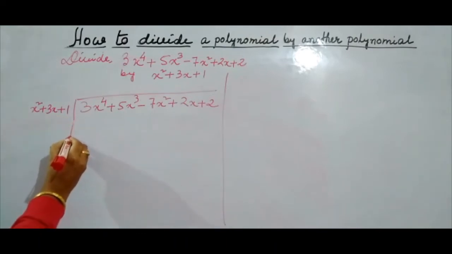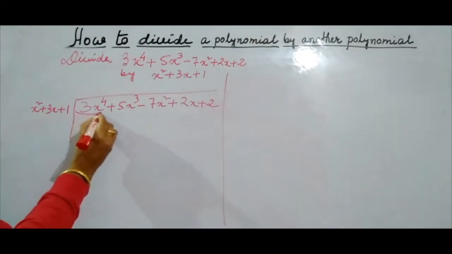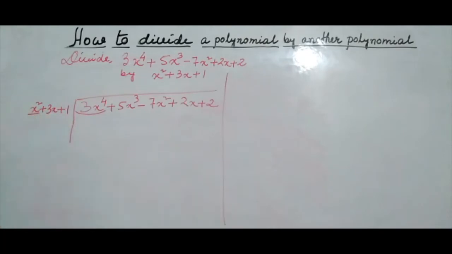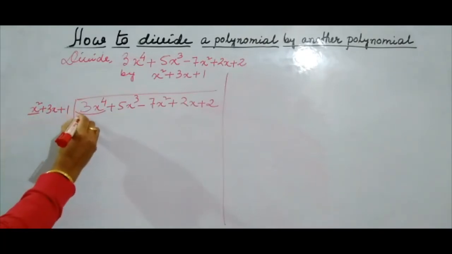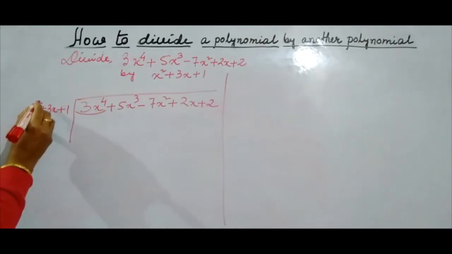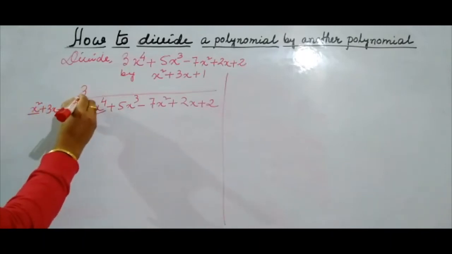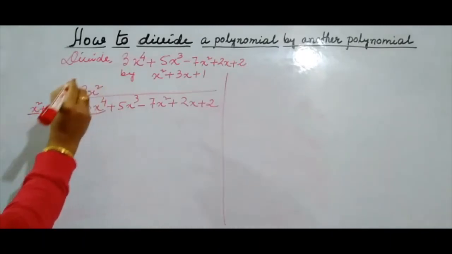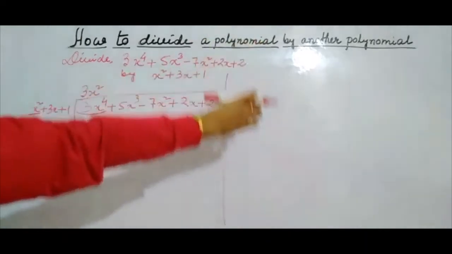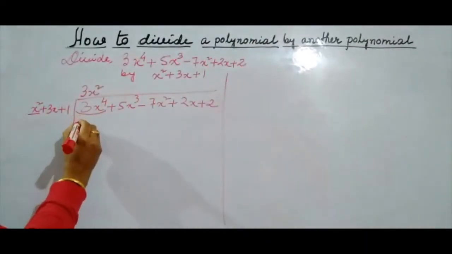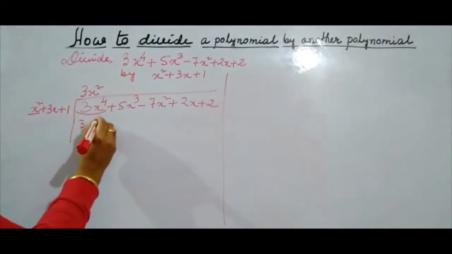Now the first term of the dividend is 3x power 4 and this is x square. To get 3x power 4, we have to multiply x square by 3x square. If you are facing difficulty, you can do it by dividing. So it will be 3x power 4.